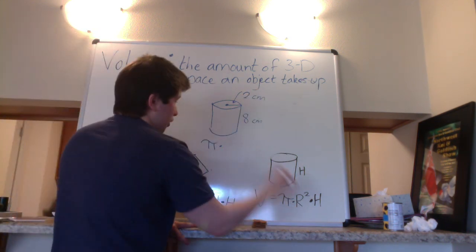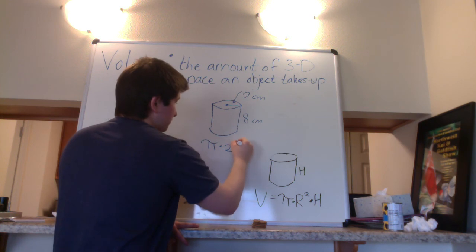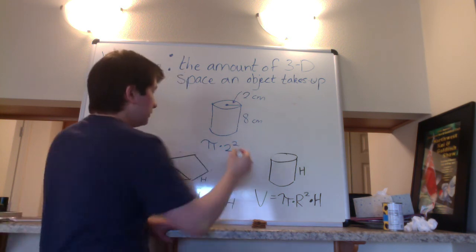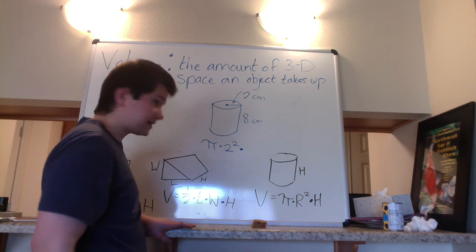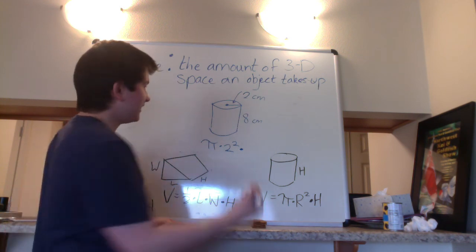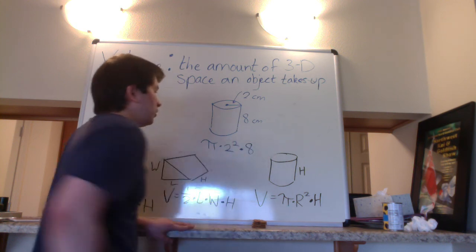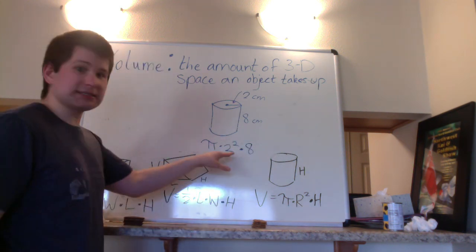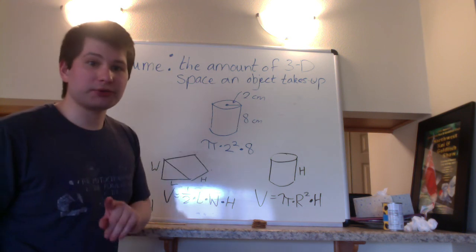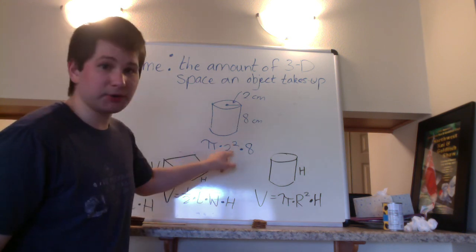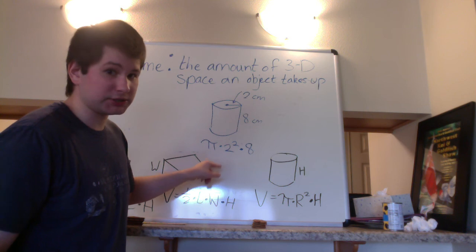Well, we have 2 as our radius. It's going to be squared. And then we multiply by what? Yeah, the height, which in this case is going to be 8. Okay, now we just need to simplify this. Start with the radius squared. Remember, exponents come first in order of operations.